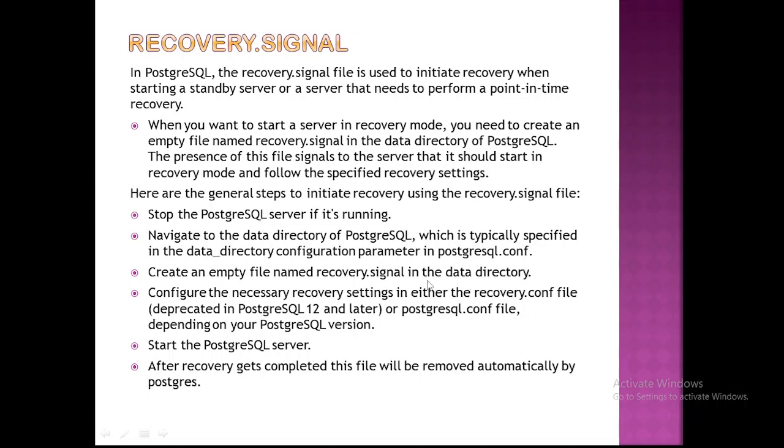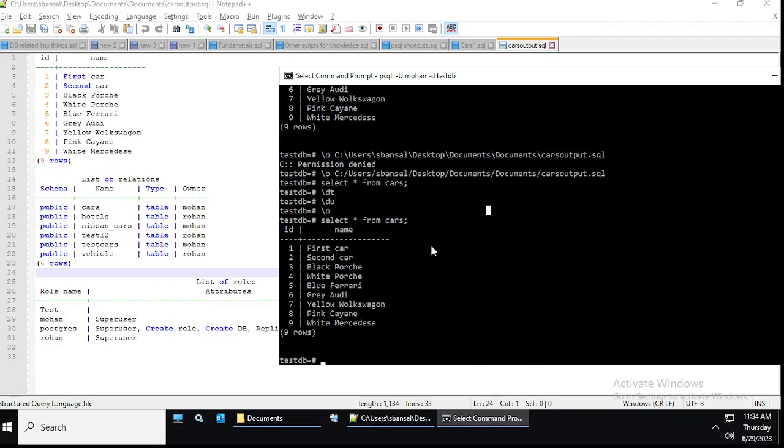For that, I have already told you, for Windows you need to open the command prompt at that particular data directory, and then type null, which I showed you, I guess, earlier. Let me show that to you again.